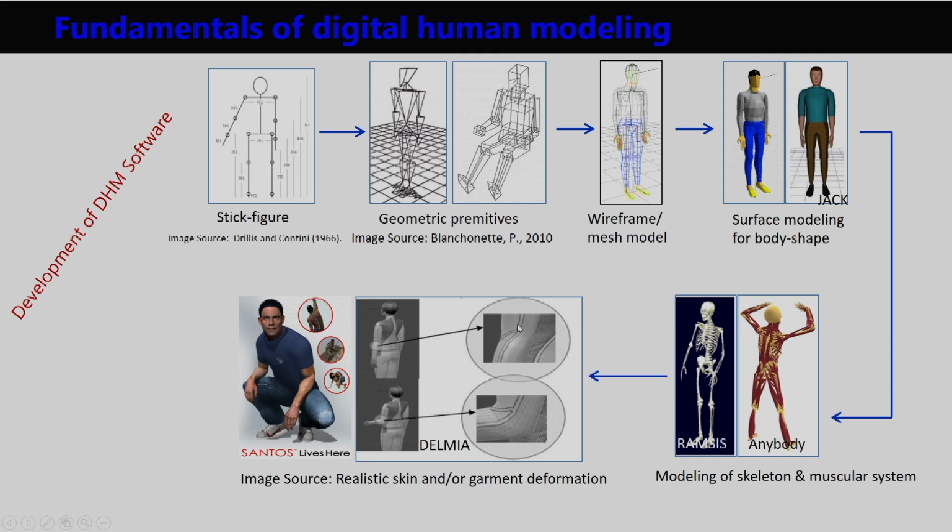Now, if we look at this particular slide, we can see how digital modeling software evolved. It started from the stick figure like appearance, gradually moved to geometric primitives with a robot like appearance, then wireframe like models, then shaded models with surface modeling, and with smoothing algorithms we can see this type of dressed model.